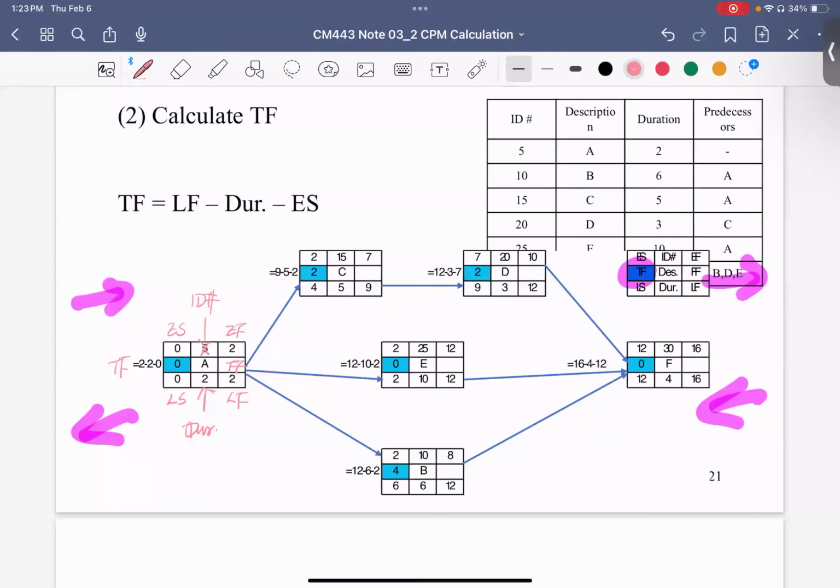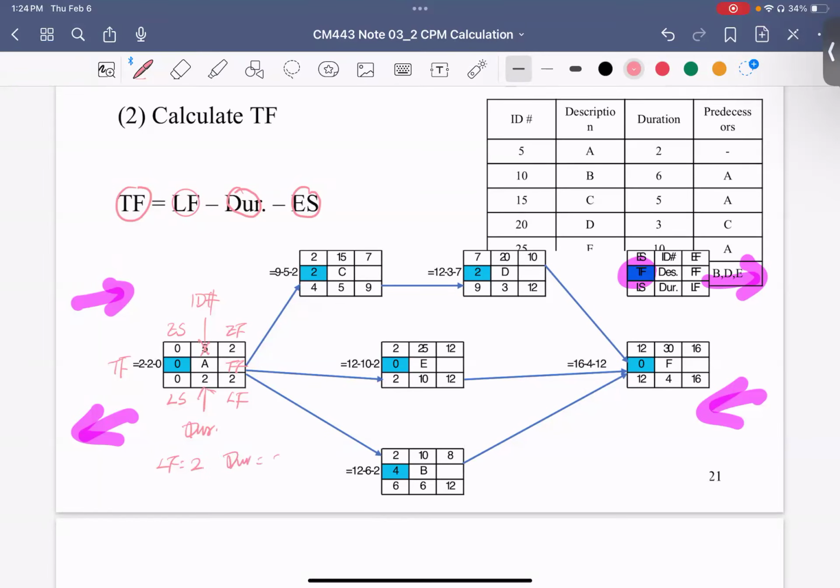Record the formula here. Your total float is equal to your late finish minus your duration and minus your early start time, right? So the late finish time, LF, is equal to 2.